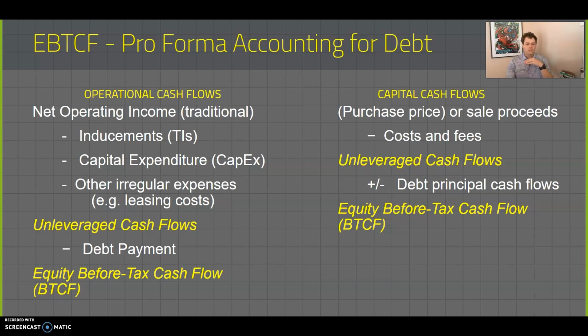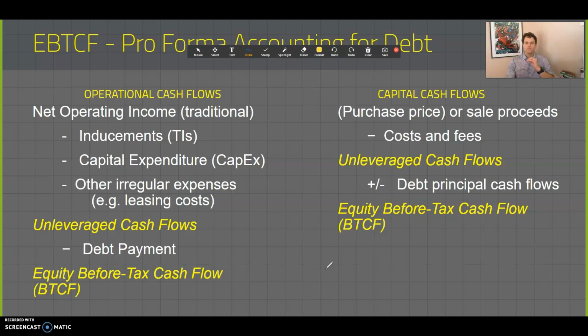So traditionally, this means inducements, incentives paid to our tenant, the capital expenditures that we incur, or capital reserve savings. Again, assuming that these are not already counted in NOI. If they are, then obviously don't double count these costs. And finally, other irregular expenses. Leasing costs is a very traditional one.